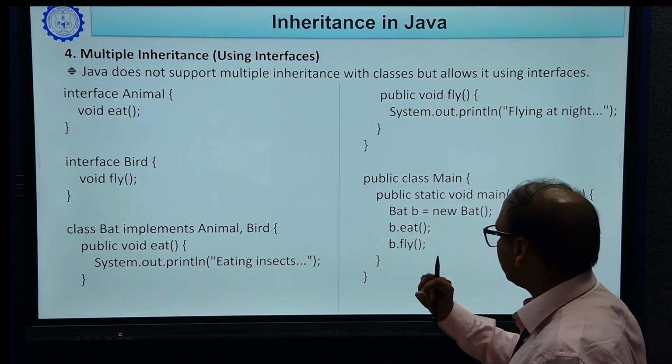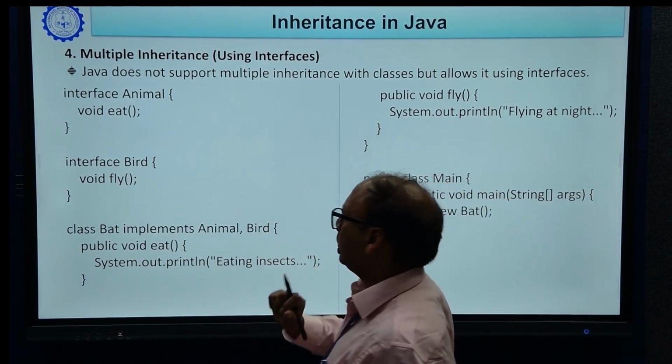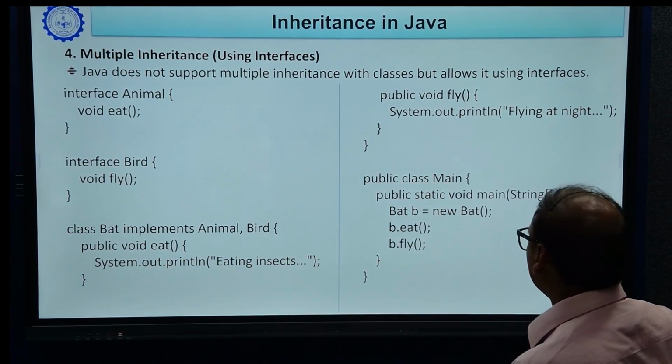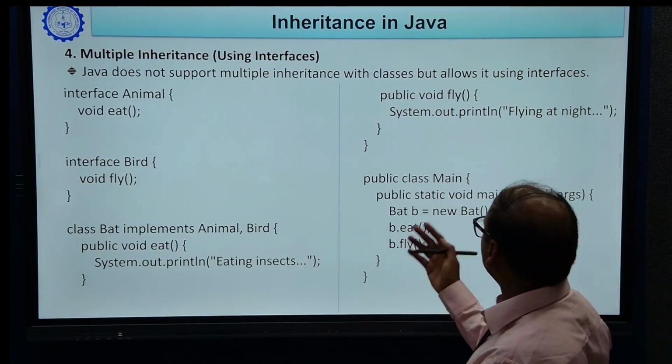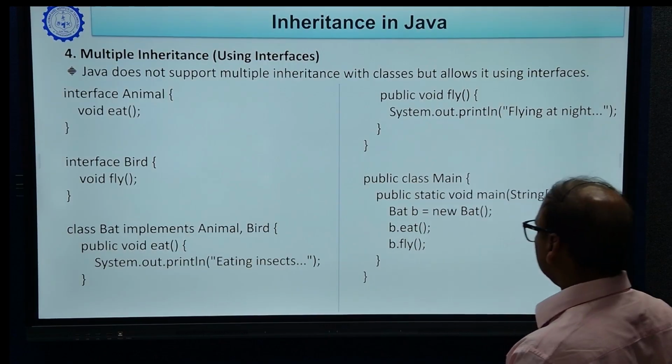So here this will be the output, which is not written. So flying at night and eating insects will be displayed.